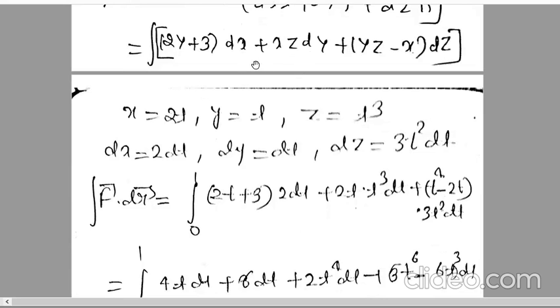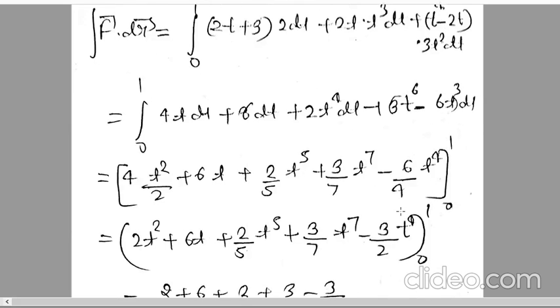There are three variables x, y, z here, so x, y, z are converted into a new variable t here. Just write all these values here, x, y, z, dx, dy, dz, right? And you will get this integral. So just integrate with respect to t.